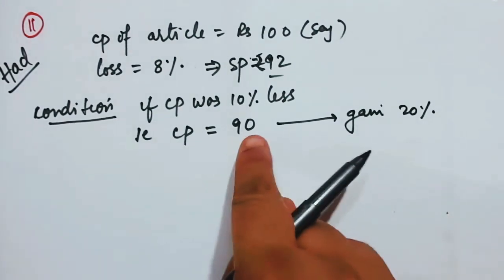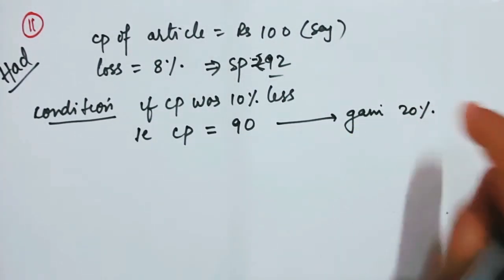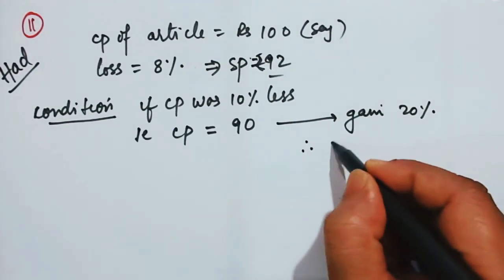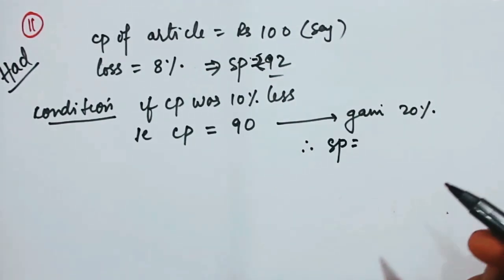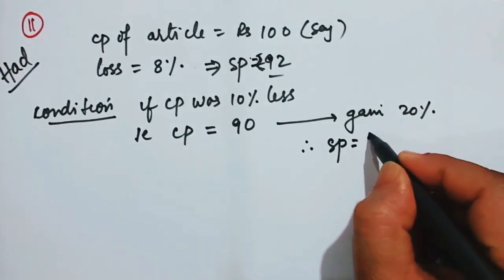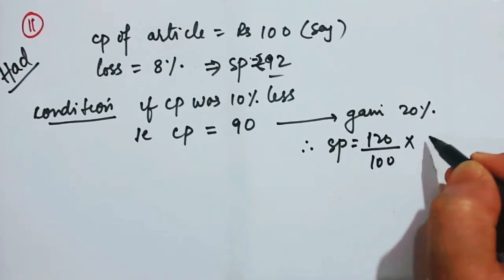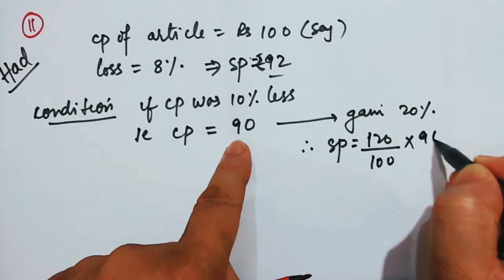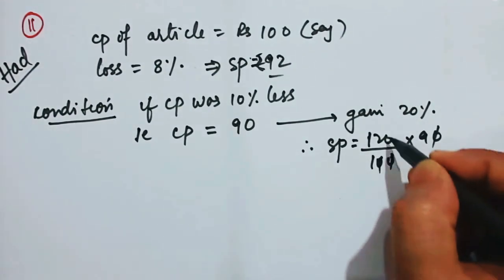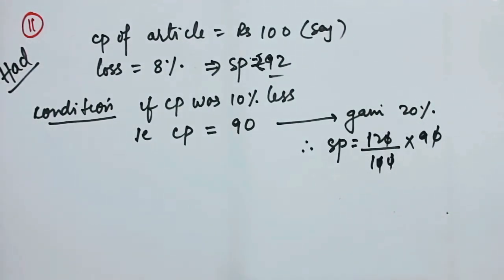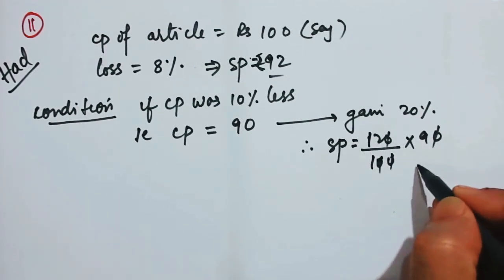Now when cost price would be 90 and gain is equal to 20%, therefore my dear, the selling price will be, just apply the formula, 100 plus gain percent by 100 into cost price 90. What will you get? 12 times 9 is equal to how much? 108.